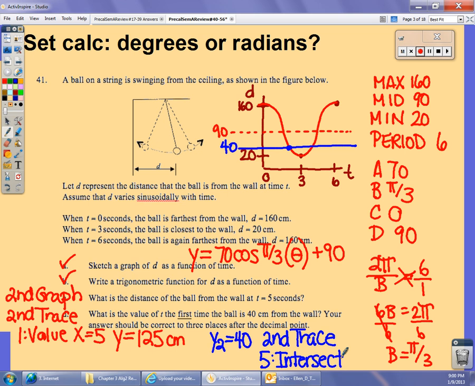The first time it identifies one of the curves, the second time it jumps to the other curve, and the third time it finds the intersection of the 2. If you do that, you should get an x value of 2.260, and that's in terms of seconds.